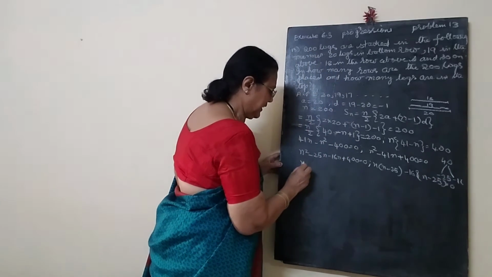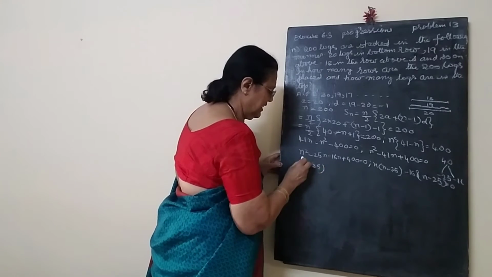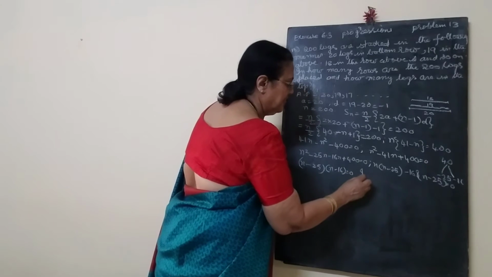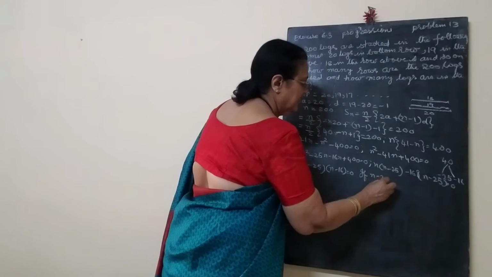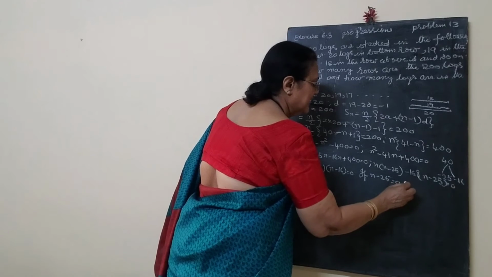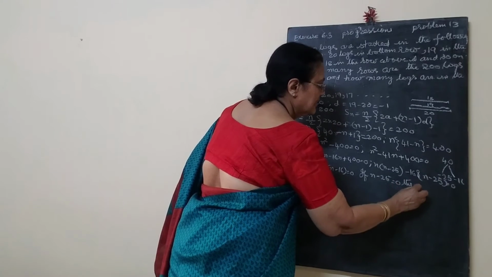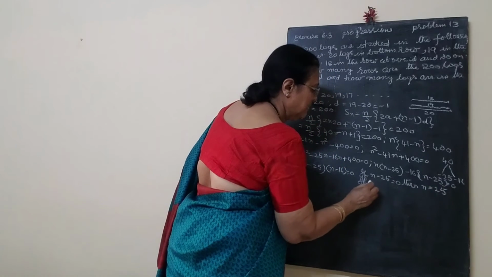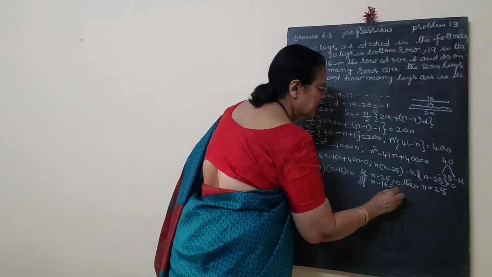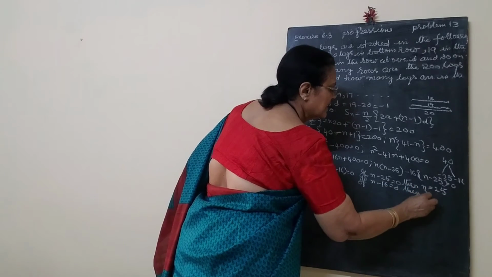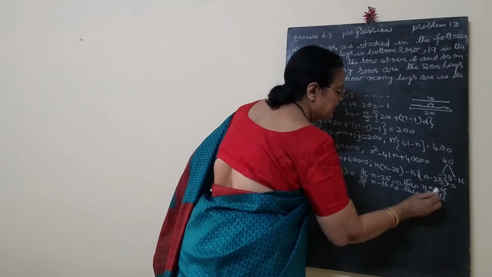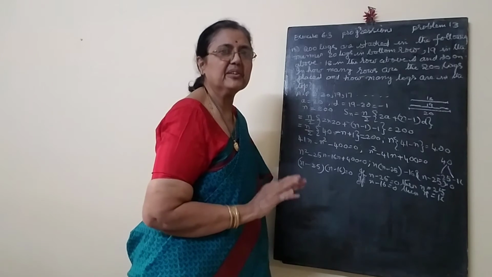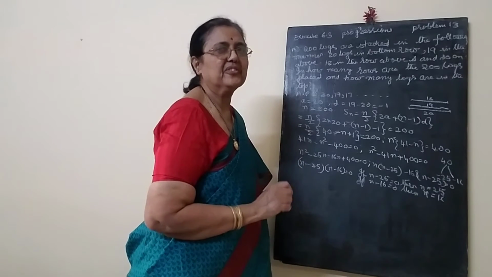So you got two factors, n minus 25 into n minus 16 is 0. So n is equal to 25, or n is equal to 16. But you cannot have 25 rows and 16 rows. One of them should be correct, so we will find out which one.